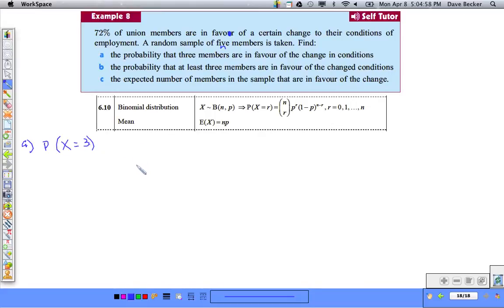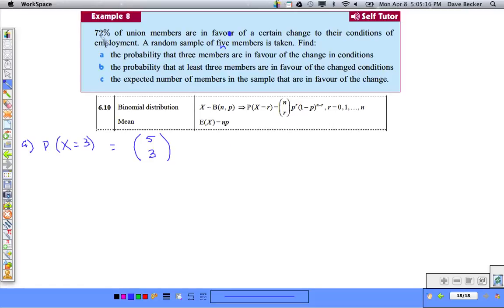So that would be, oh no, I'm sorry, n is the number of trials. Sorry about that. So 5 choose 3. r is the number in question that we're interested in.